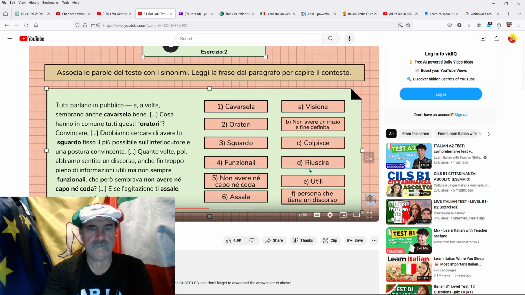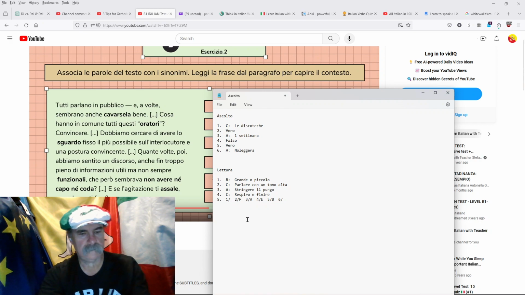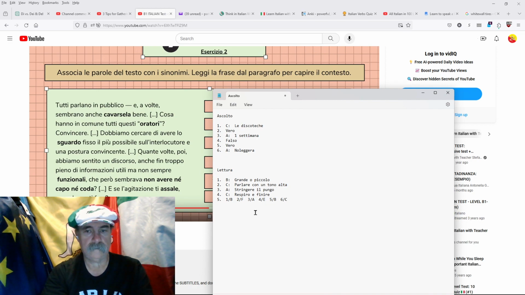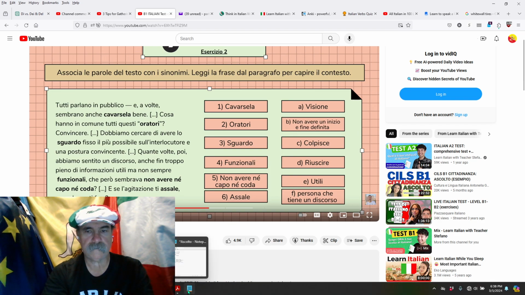I'm going to go with 1 being D and 6 being C, and we'll just see how it goes. A, B, C. Oh, I've got B twice. Can't do that. What do I have B associated with?